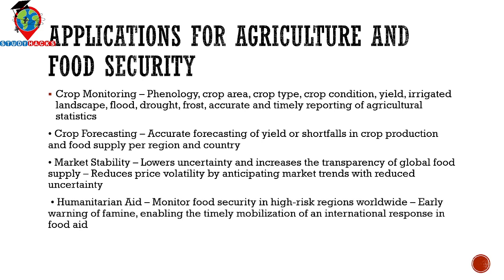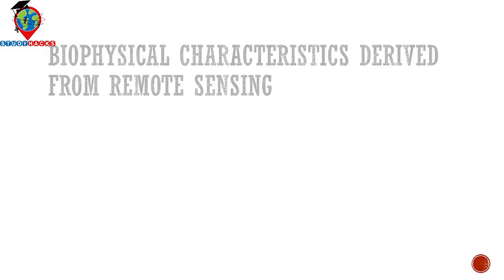And humanitarian aid: monitor food security in high risk regions worldwide, early warning of famine, as well as enabling the timely mobilization of international response in food aid. So for these reasons, it's very important for the application of agriculture and food security.